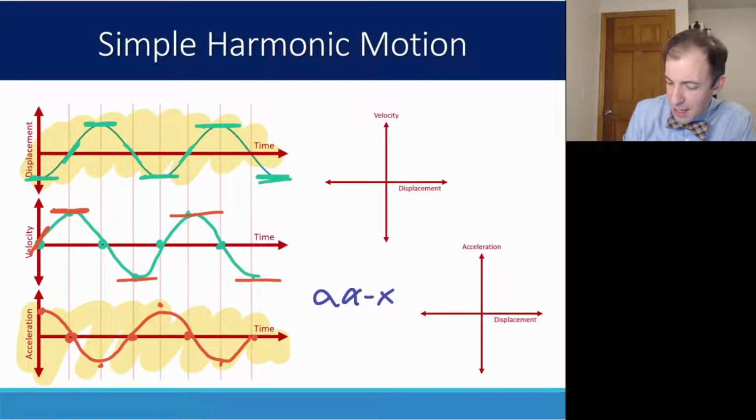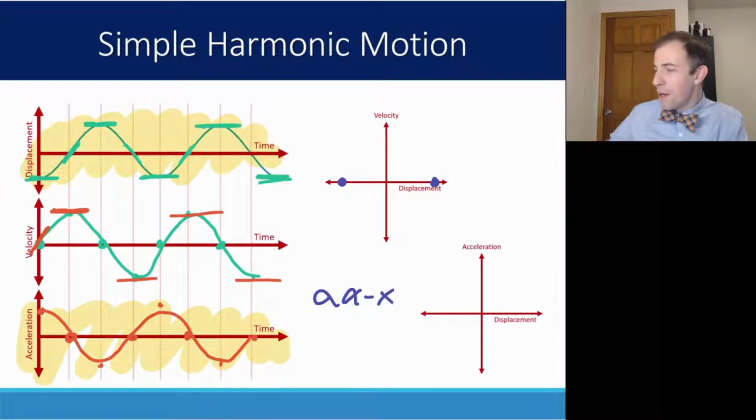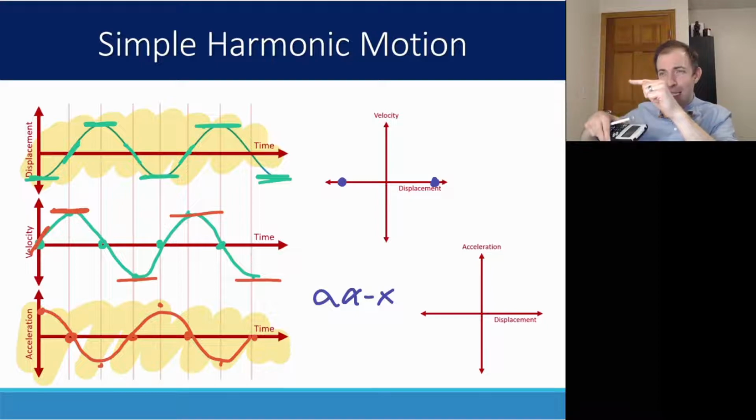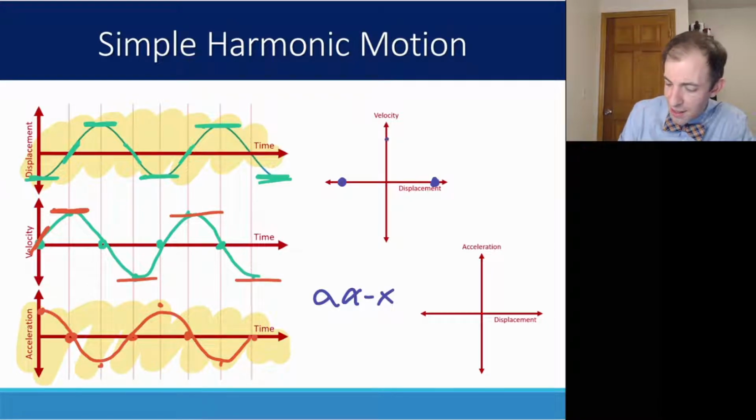So displacement at its maximum is going to give us a velocity of 0. And when it passes through the middle, we call that a displacement of 0. It was either moving up or moving down at its fastest possible velocity, which means you could have more than one velocity depending on which direction you're going.